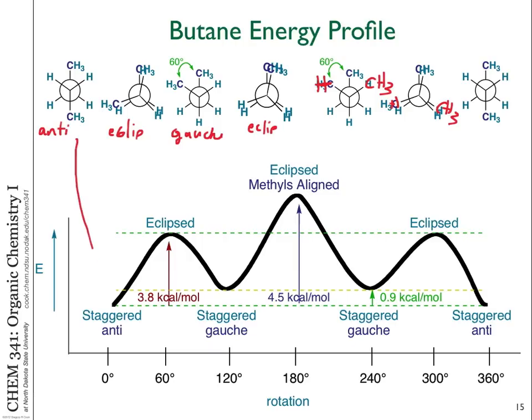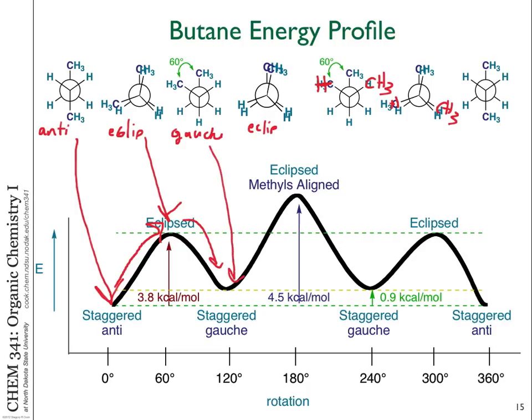Our anti is the lowest energy state, and as you start to eclipse the bond, torsional strain goes up. So you increase in energy. Okay? As that continues to rotate, and you relieve some of that torsional strain, that electron repulsion, you go down in energy.